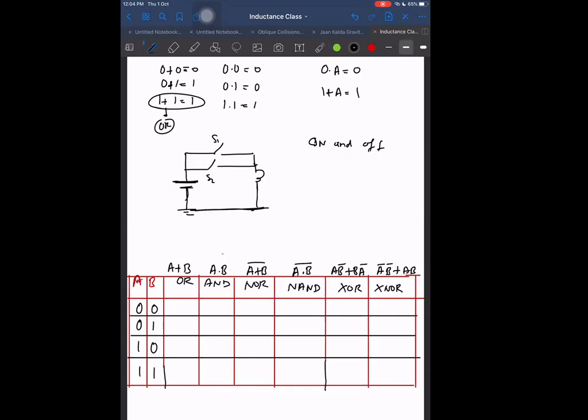Okay. So now, on and off, what do we get here? Let us keep on as 1 and let us keep off as 0. If I make it 1, if I close the switch, then what happens? We get the output here, right? What output do we get?